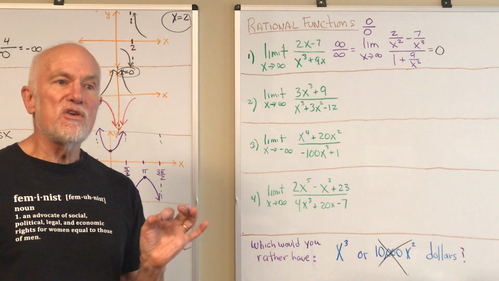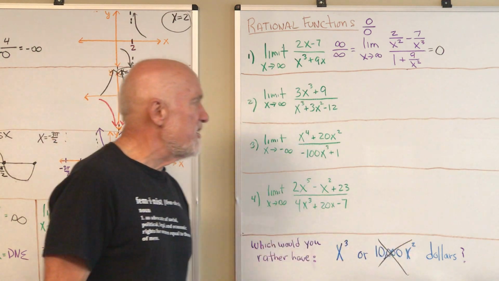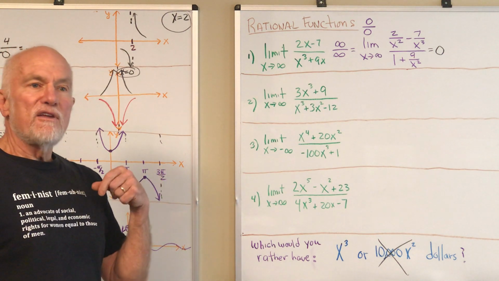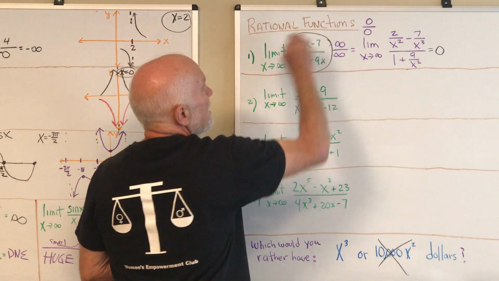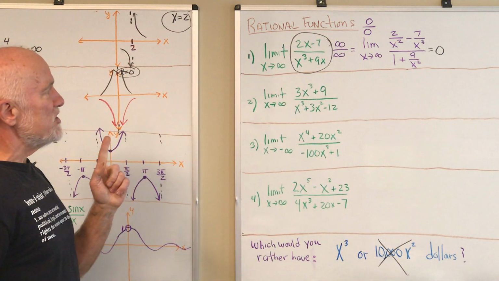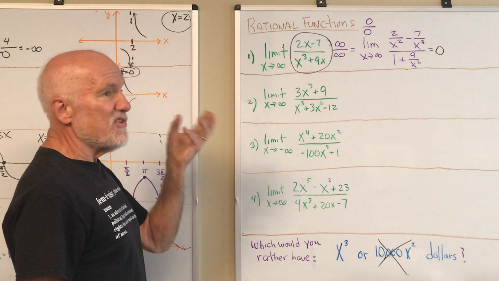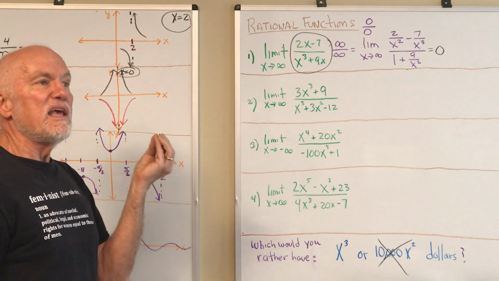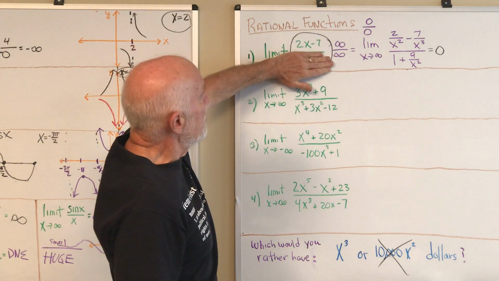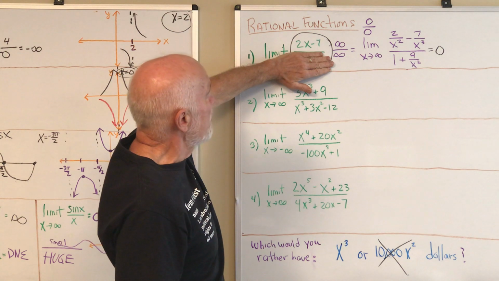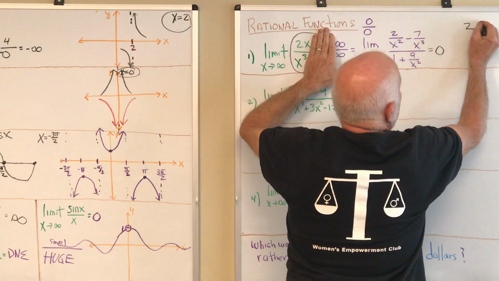If you can buy that argument that x cubed is bigger than any number you could put on here times x squared, we can do something called forming an end behavior model for this function. It's not the exact same function, but as x approaches infinity or negative infinity, it does basically the same thing, close enough that we can call it that in the limit. So what would this be in the numerator if I ignored everything but the highest power of x? I could just wipe out the 7 and call that 2x.